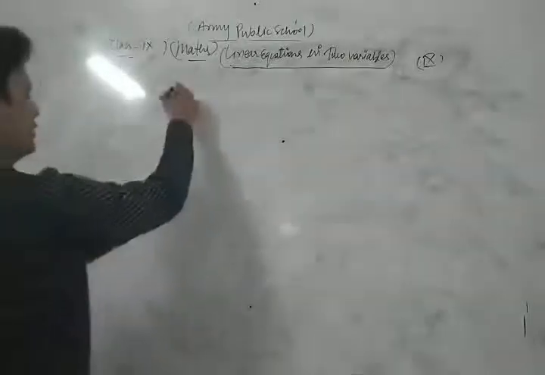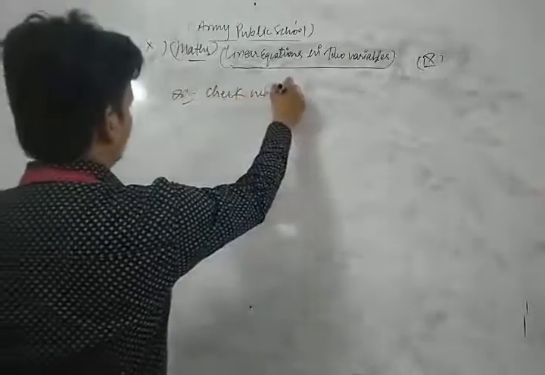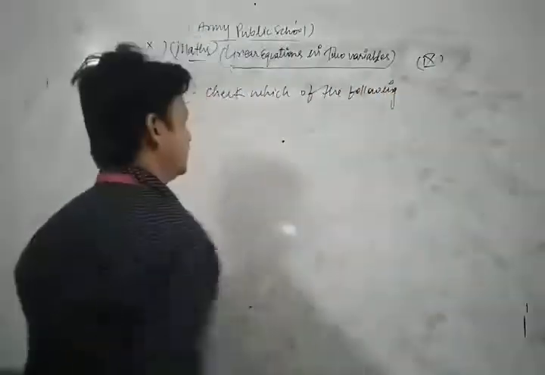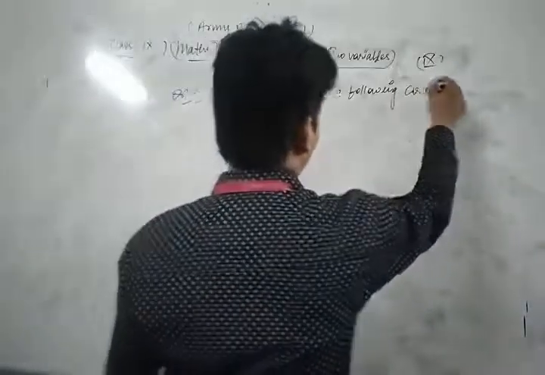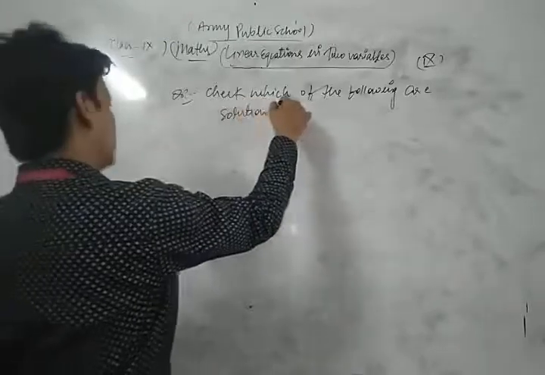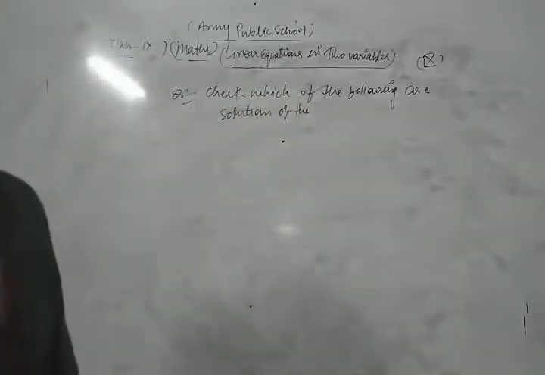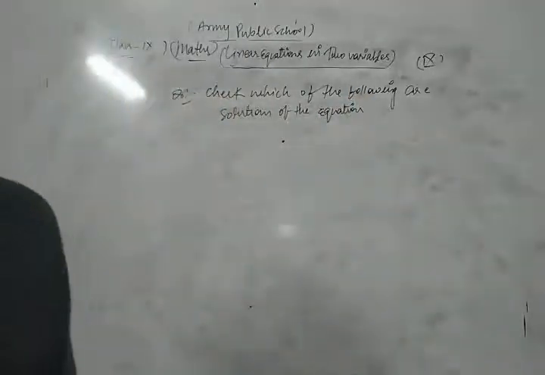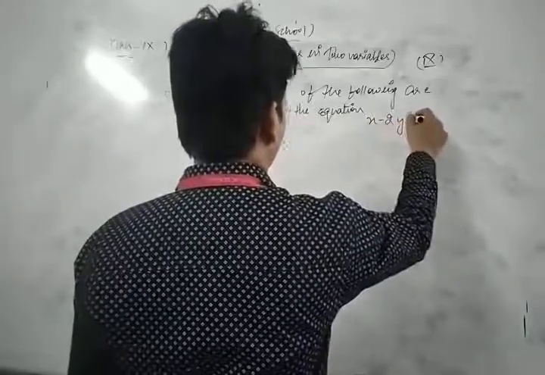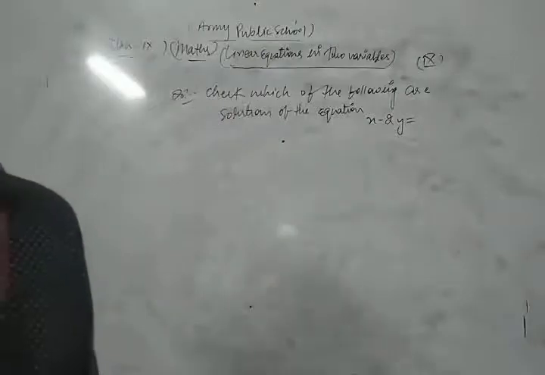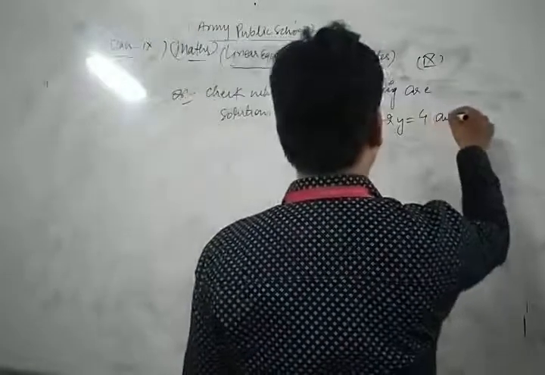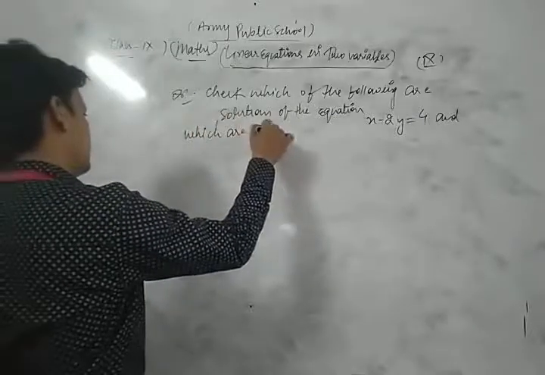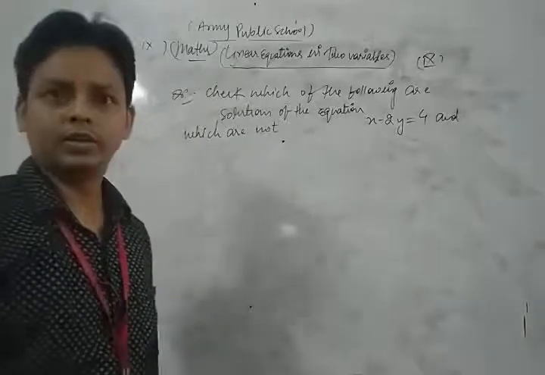Check which of the following are solutions of the equation x minus 2y is equal to 4, and which are not.